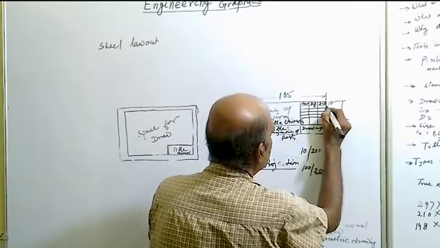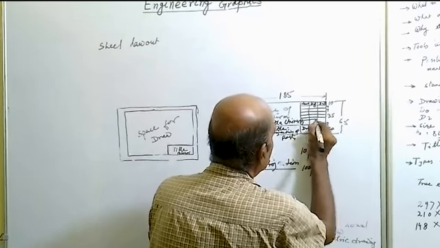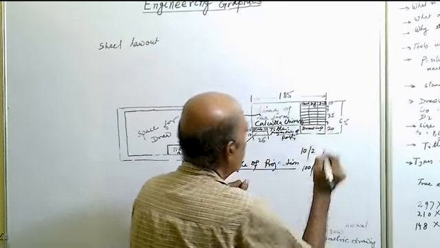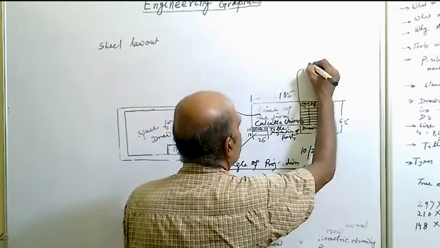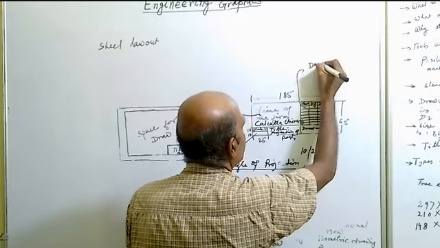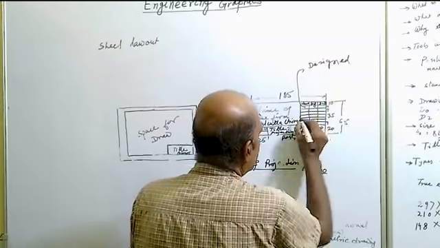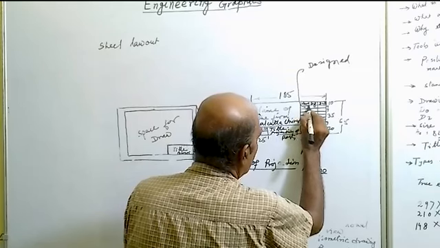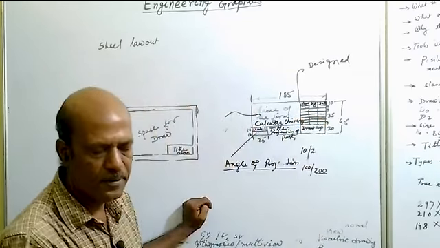So 7 each, 7, 7, so it will be total 35. Okay. So in here it will be written designed by. So the first block here it will be written designed by.